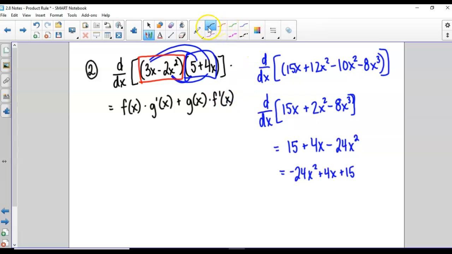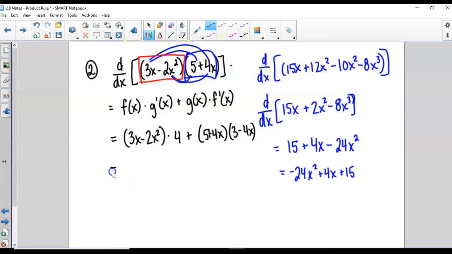So in this case, we would have f of x, which would just be 3x minus 2x squared, times g prime of x. The derivative of g of x here would just be 4. Plus g of x, so that would be 5 plus 4x, and then f prime of x, the derivative of f of x, which would be 3 minus 4x.